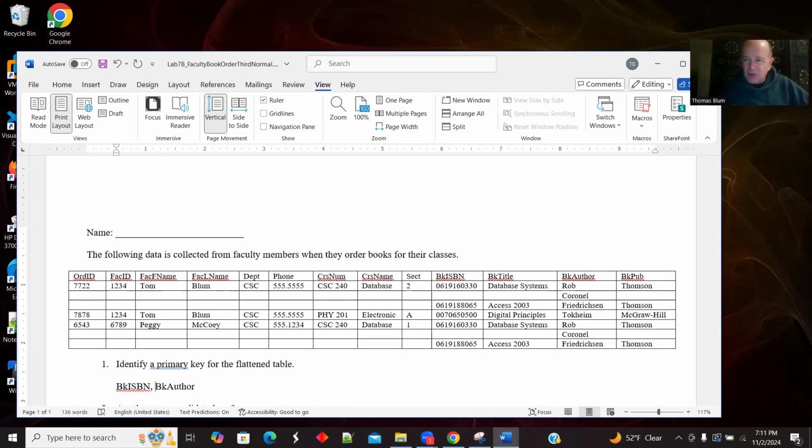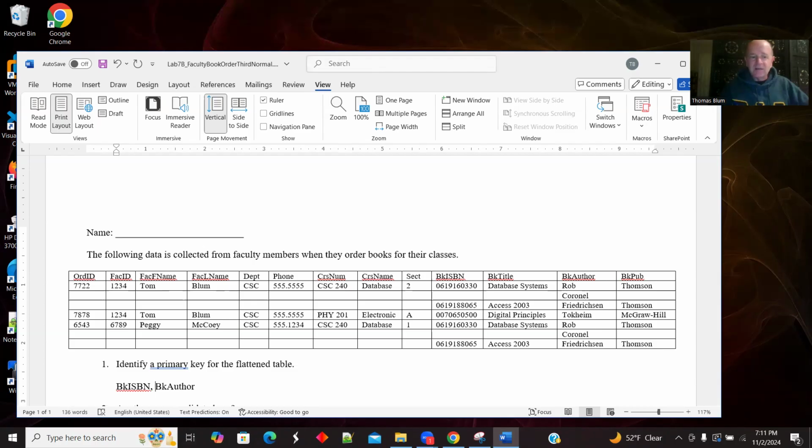And so to distinguish one row for one of the authors from one row for the other author, I'm going to have to include book author. And then all of the order information and the faculty and the course number is all the same if there are multiple books. So the book ISBN is going to.